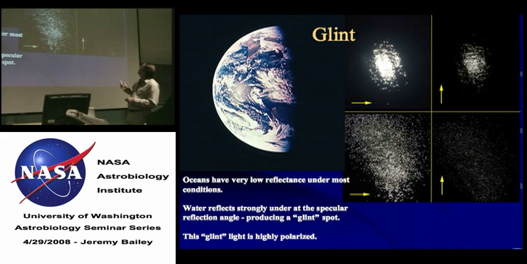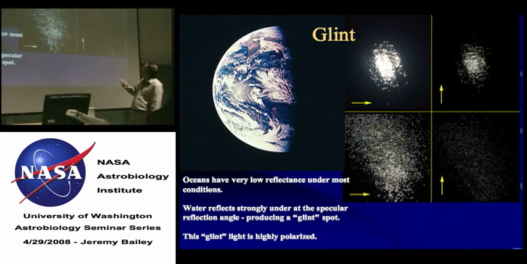So these are some actual photos of glint spots off water through two different polarizing filters, and you can see there's a big difference. This light is highly polarized, not quite as high as the rainbows, but typically 70 or 80%. And you can also see the pattern of the glint depends on what the wind's doing to the surface of the water.